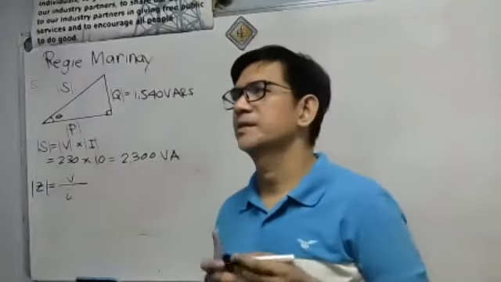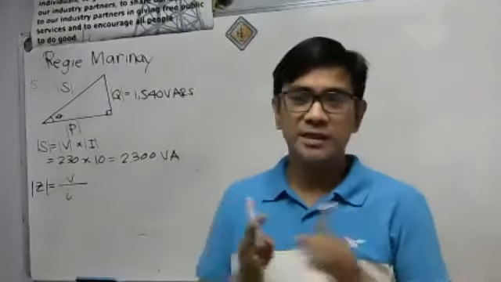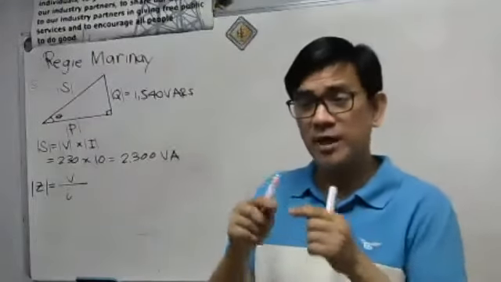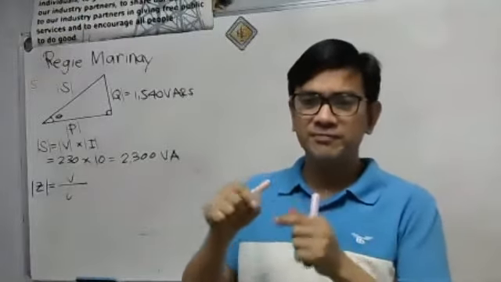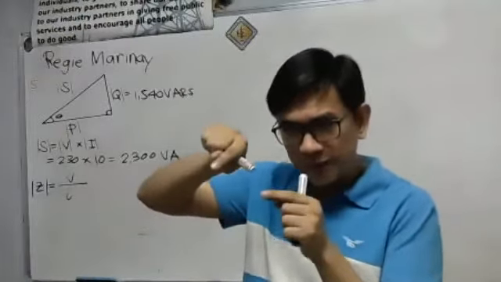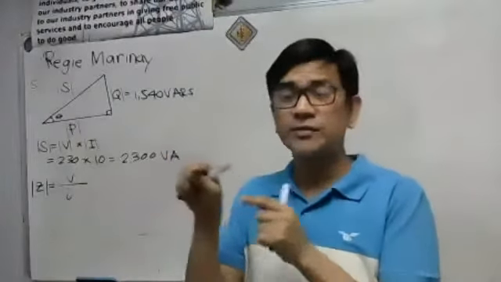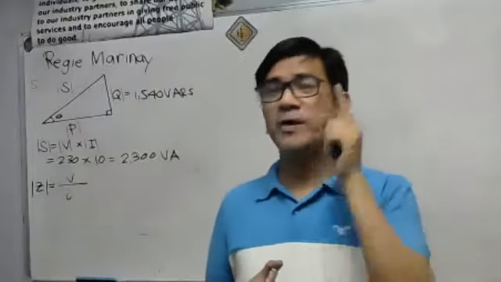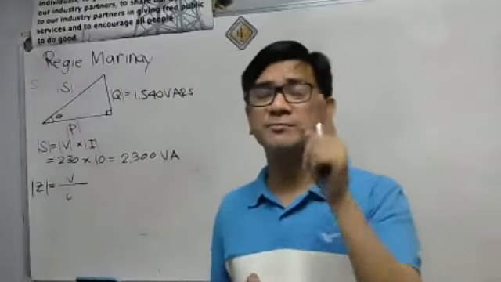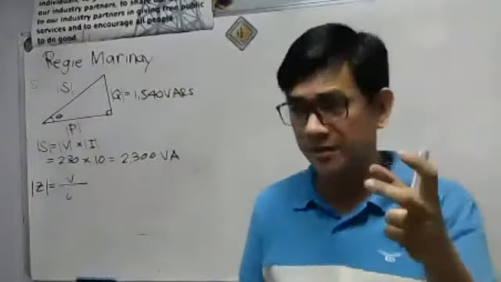Remember that, especially if you're dealing with 220 to 230 volts. That is the RMS value if you measure the voltage in our outlet with a multi-tester or an AC voltmeter. Let's say that is approximately 230 volts, and that is an RMS value. Always remember that AC meters measure RMS value, the root mean square.